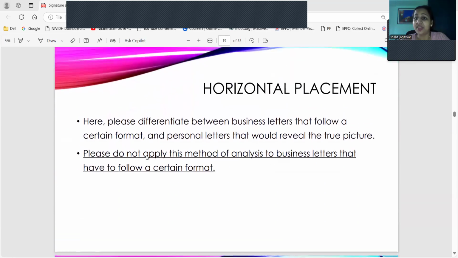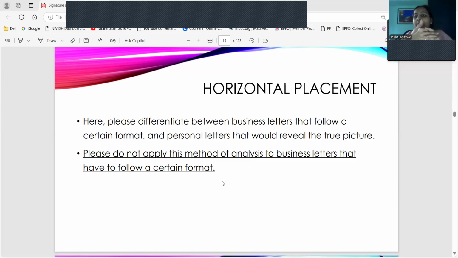Now, a very important thing that we all need to remember is that the placement we are speaking about applies to informal letters or informal content that is written. This horizontal or vertical placement cannot be applied to any kind of formal or business letters which have a certain format that we have been following.